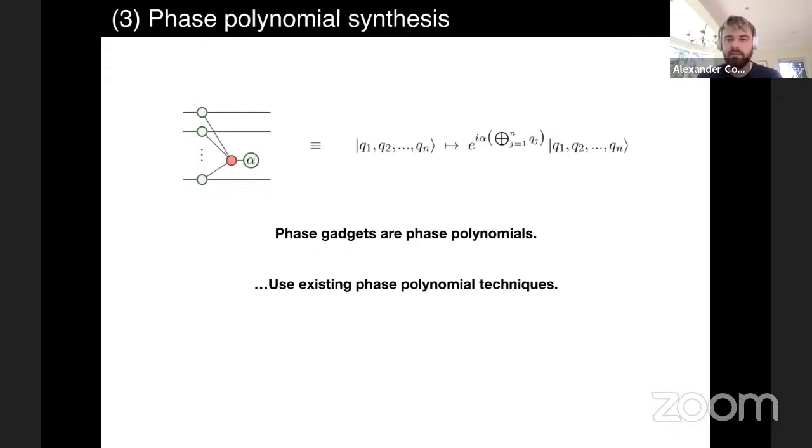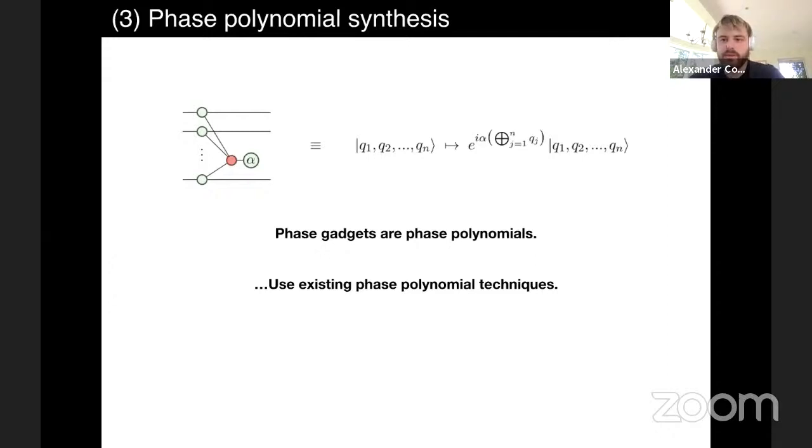So we induce some phase corresponding to the XOR of the input bits. And this means that if we have a sequence of phase gadgets, they can all be represented algebraically in this manner. And we can then call upon the large existing literature of phase polynomial synthesis to convert these into CNOTs and single qubit gates.